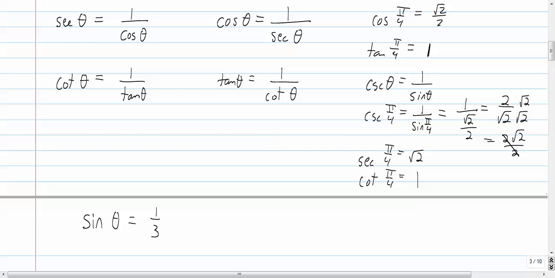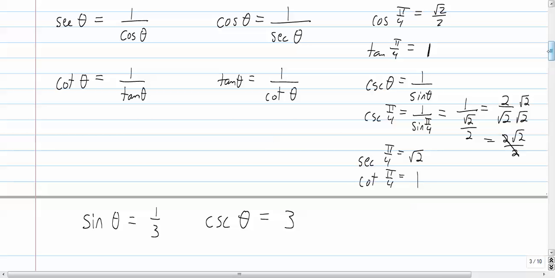And maybe the problem wants to know what is the cosecant of theta. See, we don't even have to know the angle measure. If we know that the sine of theta is equal to 1/3, then the cosecant of theta is going to be equal to the reciprocal. So it would be equal to 3 over 1, or just 3. So that's how the reciprocal identities are very useful.